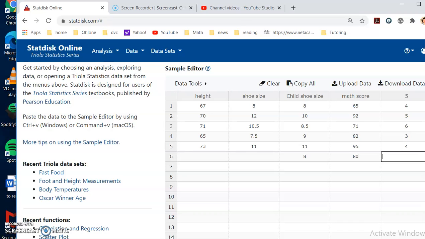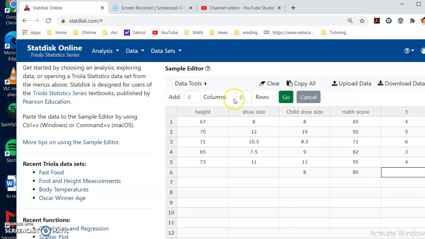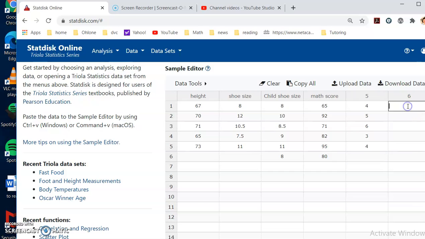Then I'll add a new column with 19, 18, 25, 4, 8. They're just really random. Then we can graph it.